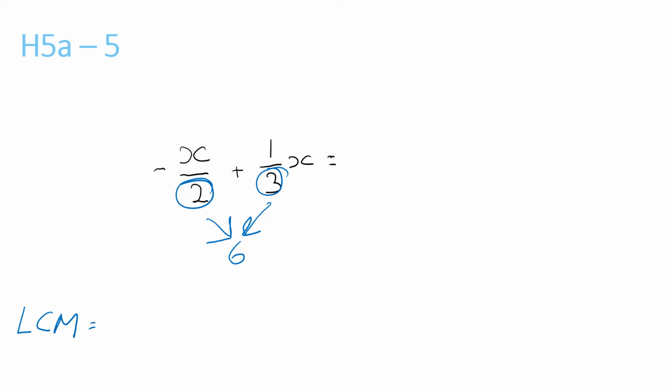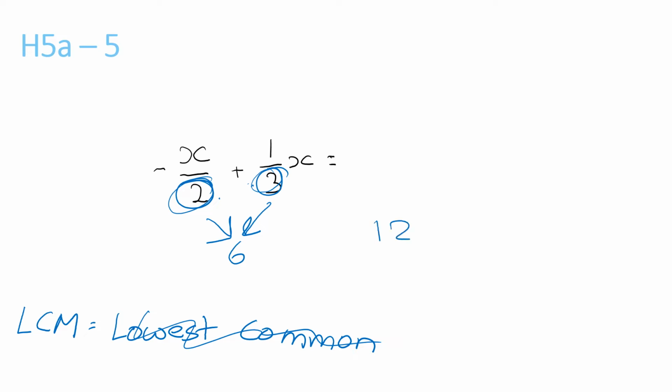LCM is lowest common multiple. You've got to find the number which goes into both of these, and it's the number which is the least. Like 12 also goes into both of those, but 6 is lower than 12, so you'll take 6. 3 doesn't go into both of them, so you'll do 6.